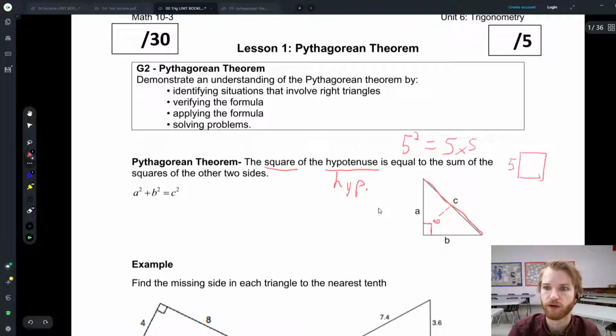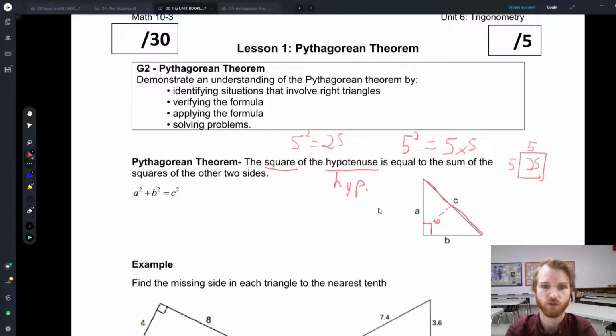that is 5 tall and 5 wide, and that would give you the area inside of this square, right? Length times width is the area for a square. So 5 times 5 is 25. That's the area of this square, and so we say 5 squared is the same thing as 5 times 5, which is 25. Okay?